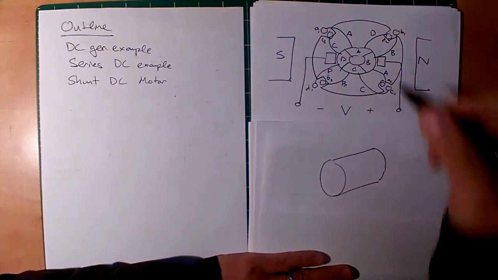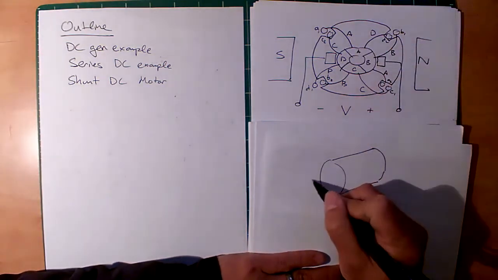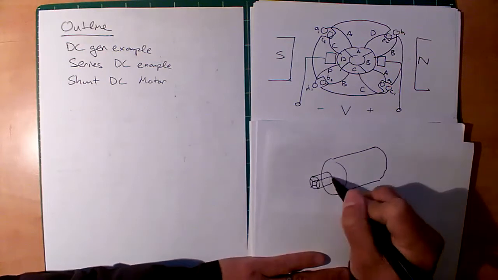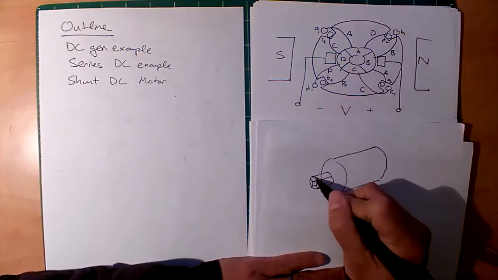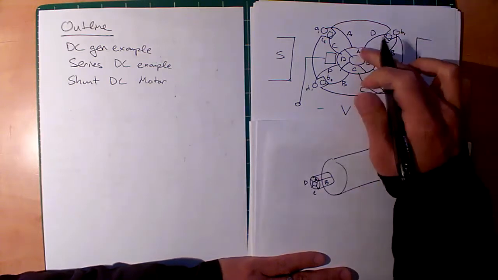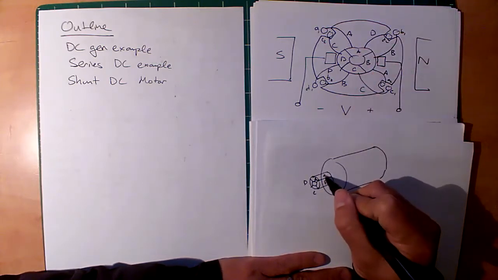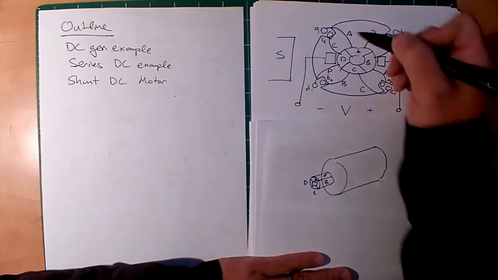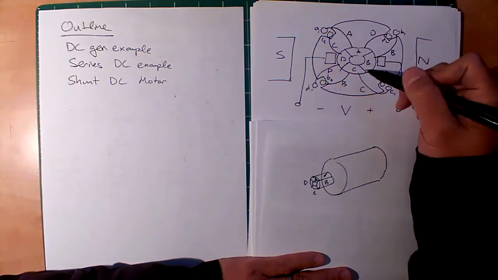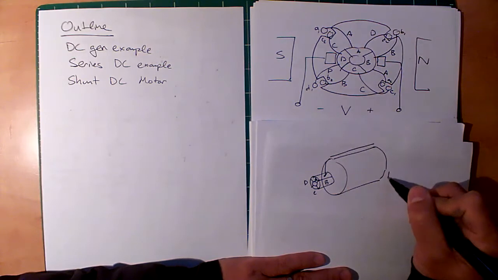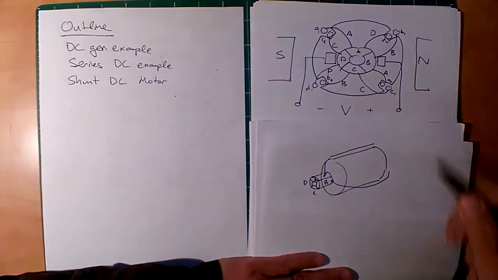And so you can imagine, for example, if you had this commutator here, I'm going to try to draw an isometric view. Like this. Okay, so you can see that we have A, B, C on the bottom, and D. And look how A is oriented, or this wire. A is coming this way and then coming back through the B. So it's going around like this, around the back, and then coming up to the front like this.